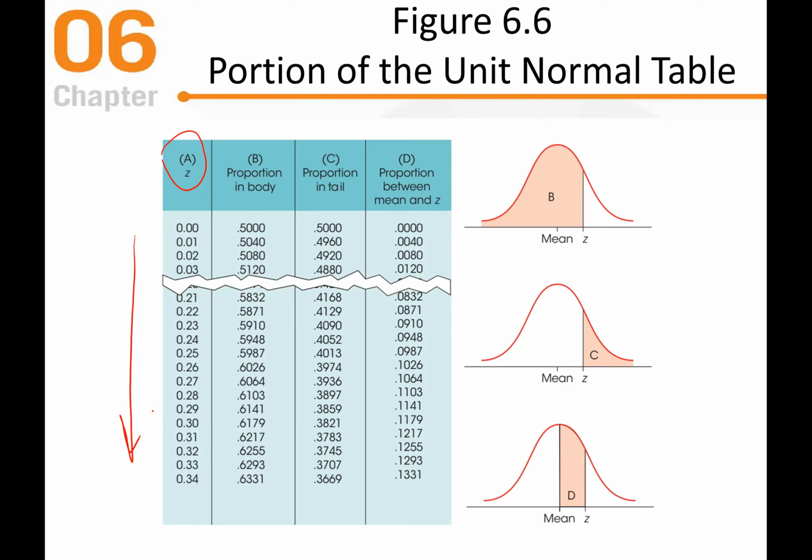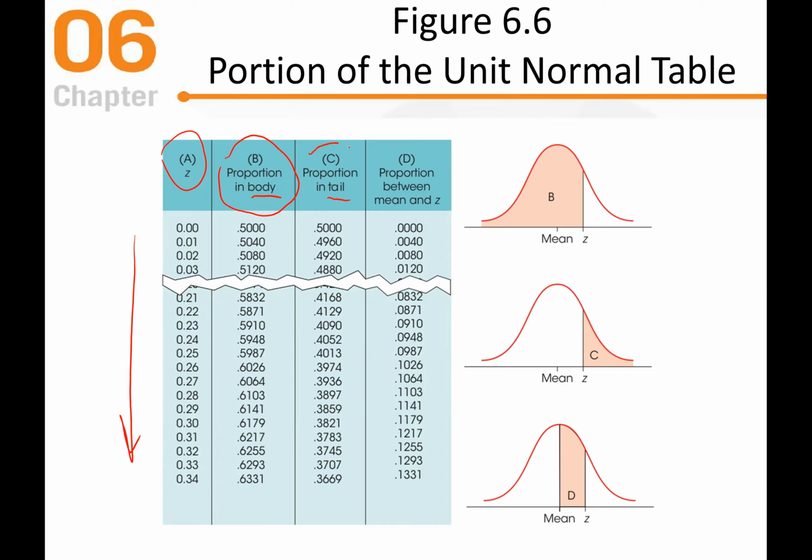The z-score is going to bisect, meaning divide or cut through the distribution wherever it lies. When it cuts through the normal distribution, it's going to make 2 parts. One part is going to be called a body, and another part is going to be called a tail. The body is always going to be the bigger part.